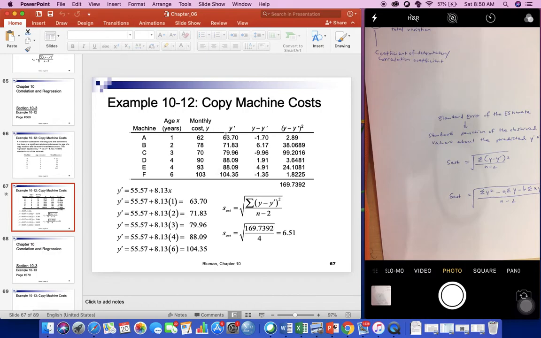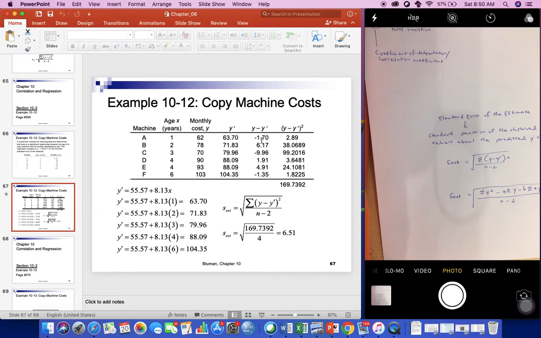After you get y and y predicted, you subtract y minus y predicted for each machine. So 62 minus 63.7 gives negative 1.7, and 78 minus 71.83 gives 6.17.